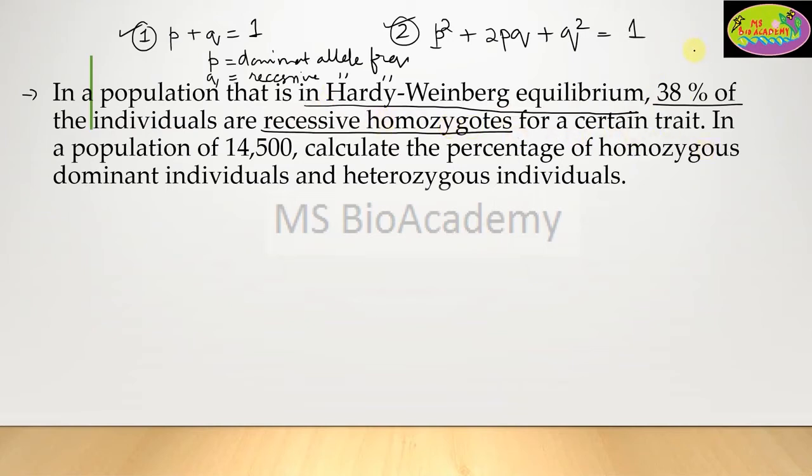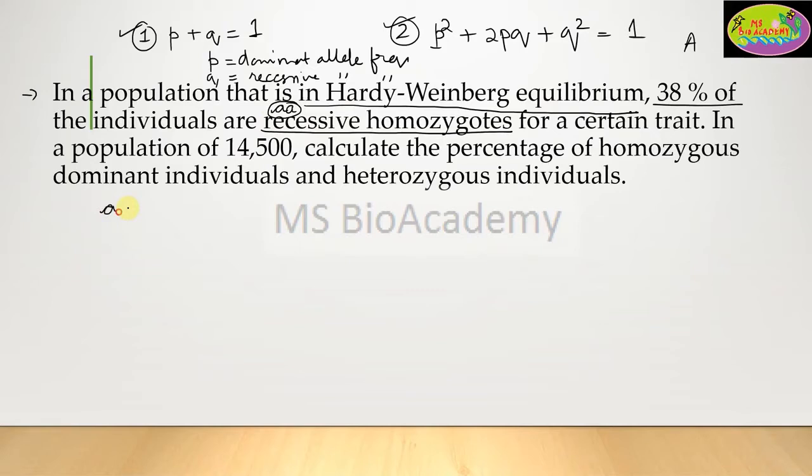Let's suppose the trait is specified by one dominant allele, which is capital A, and a small a, which is a recessive allele. Here they have mentioned that 38% of the individuals are recessive homozygotes. Recessive means small a, and homozygotes means their genotype will be aa.